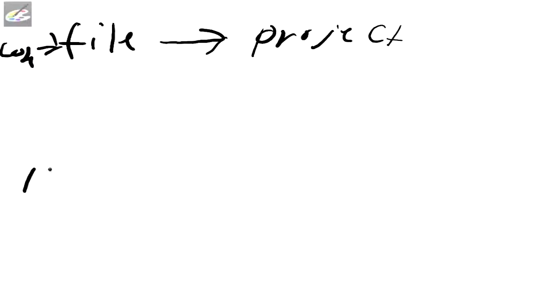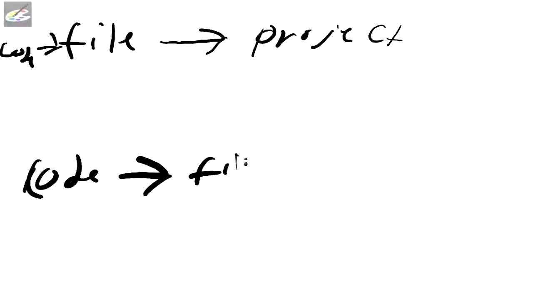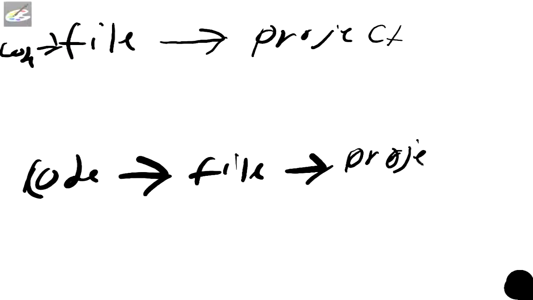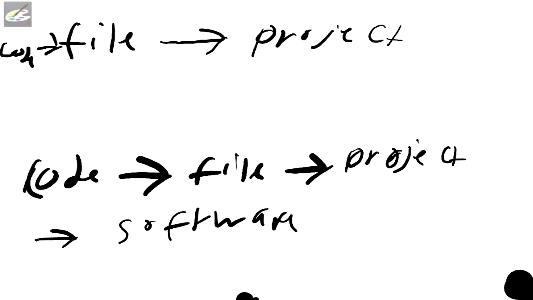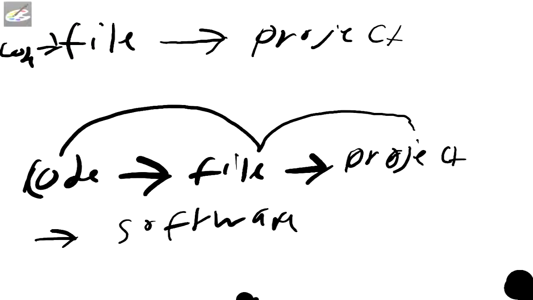So code, file, project, software. That's what you got. That's the tree right there. So it's going from left to right. So first, of course, you're going to have the project, then you're going to have the file, then you're going to write the code inside the file.